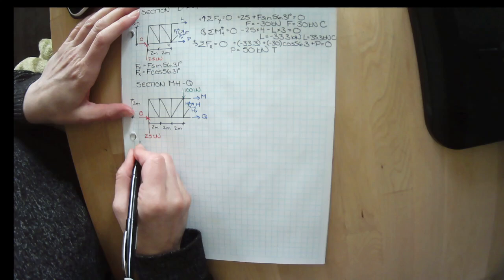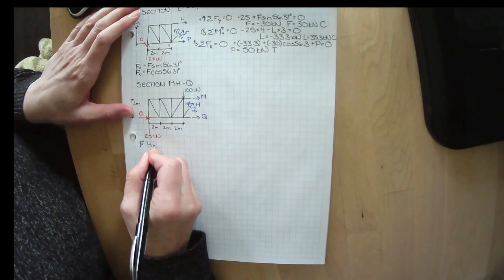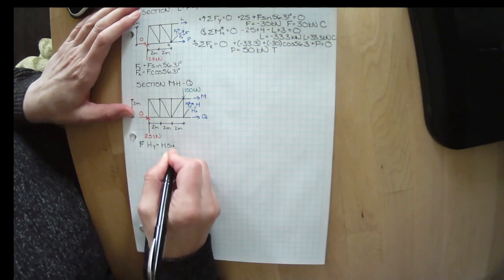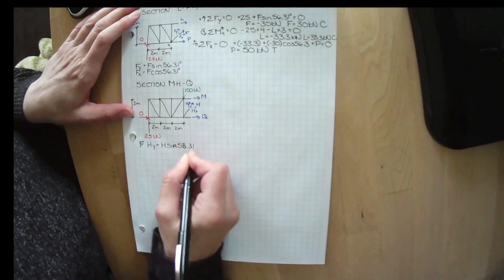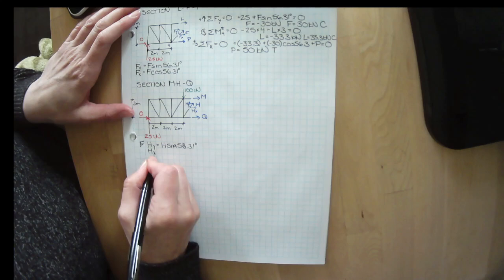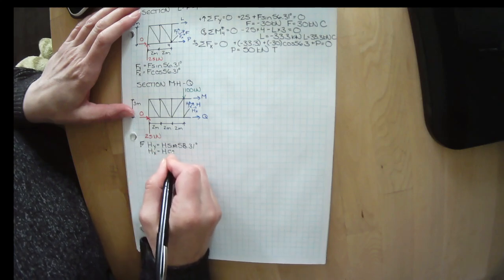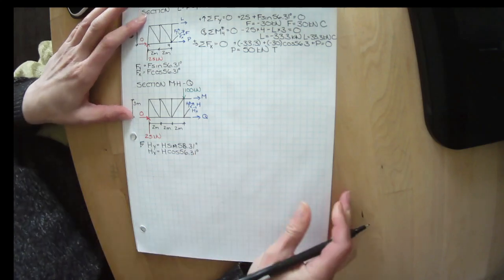So that means we know that HY equals H times the sine of 56.31 degrees, and that HX equals H times the cosine of 56.31 degrees.